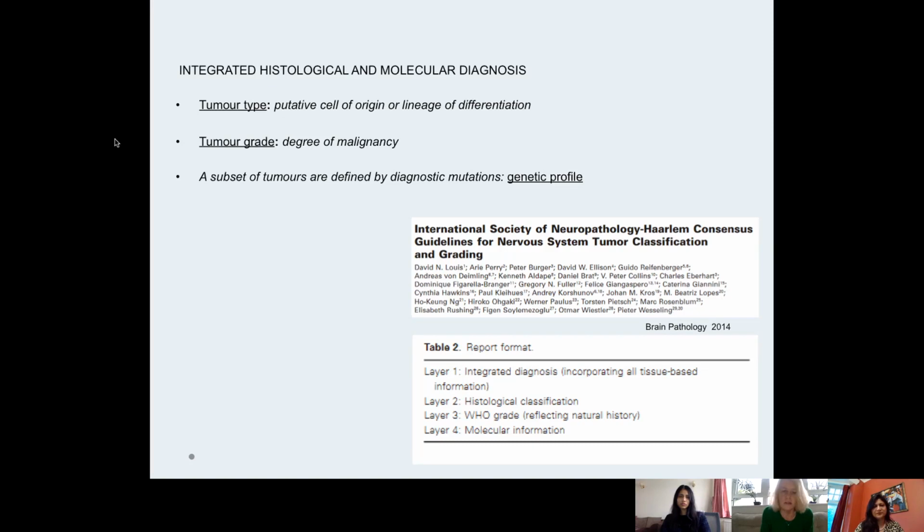Already several years ago, it was proposed that in order to convey this message clearly, a layered reporting format should be used. And you will see some examples as I discuss today's cases.